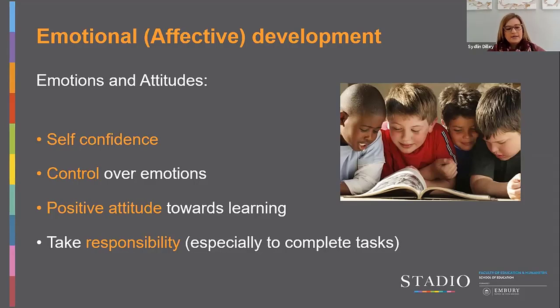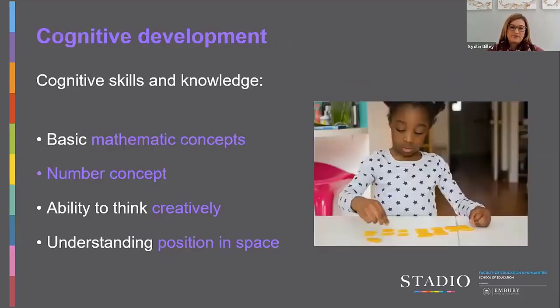Right, and finally, we've got cognitive development. So this refers to the intellectual abilities of the learner. So it includes basic mathematics concepts. So here we're talking about, for example, the understanding of more and less, the understanding of the same, the understanding of equal to.